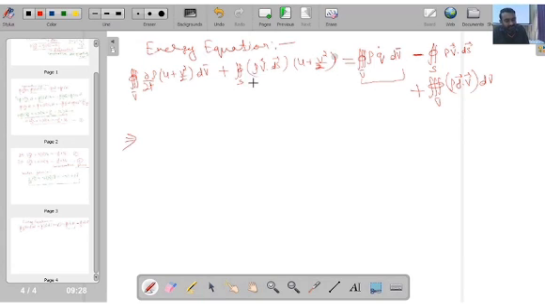Now once again my objective is to convert these surface integral terms into volumetric integral terms.